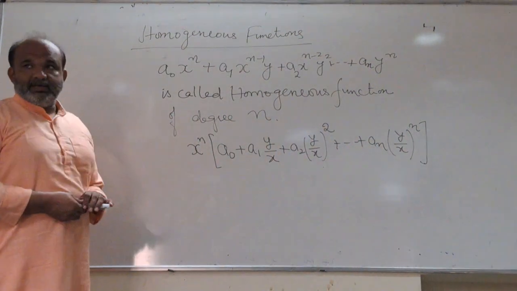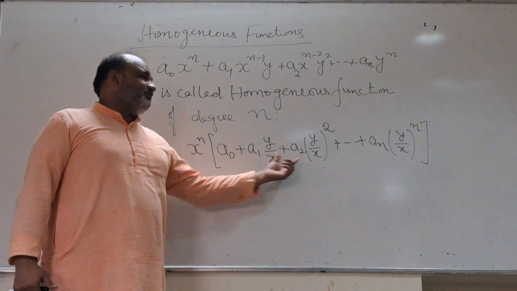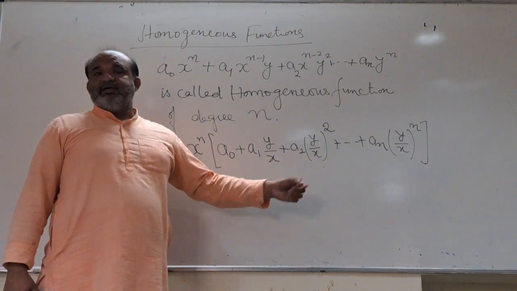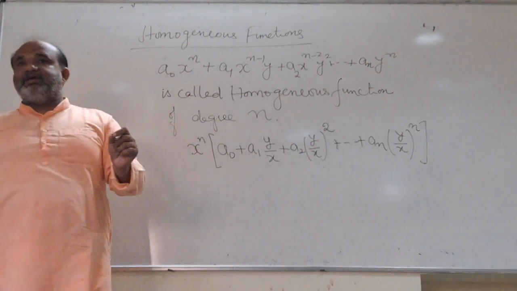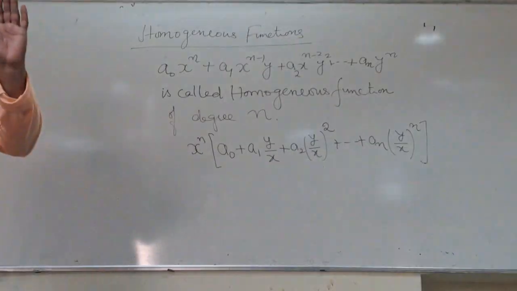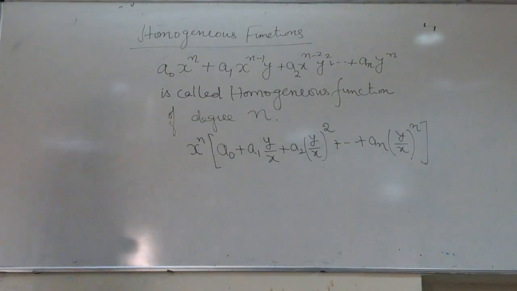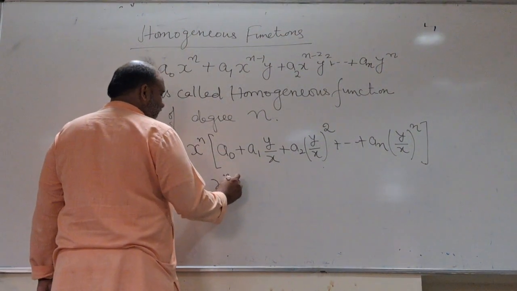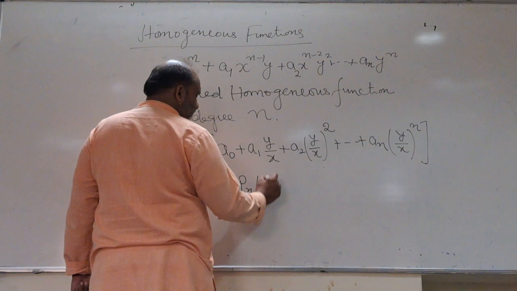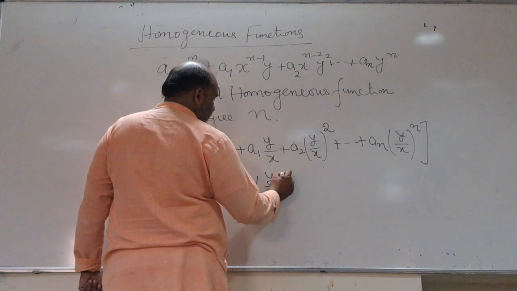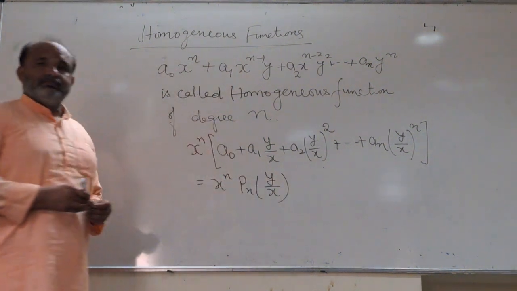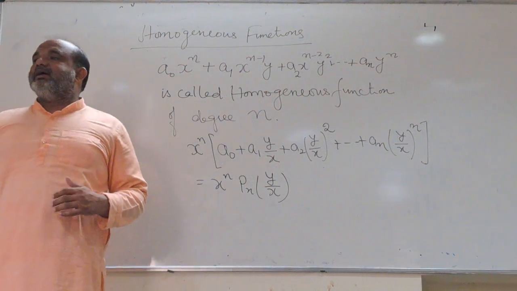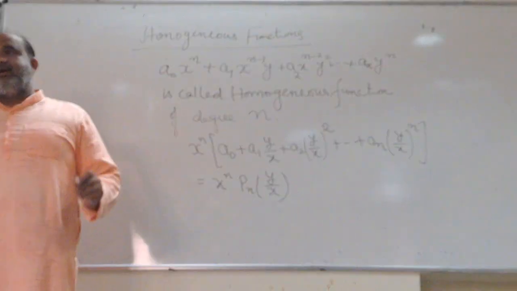So now here you see that this is a polynomial in y by x of degree n, right? So this can be written as x power n, a polynomial Pn in y by x, degree is n.